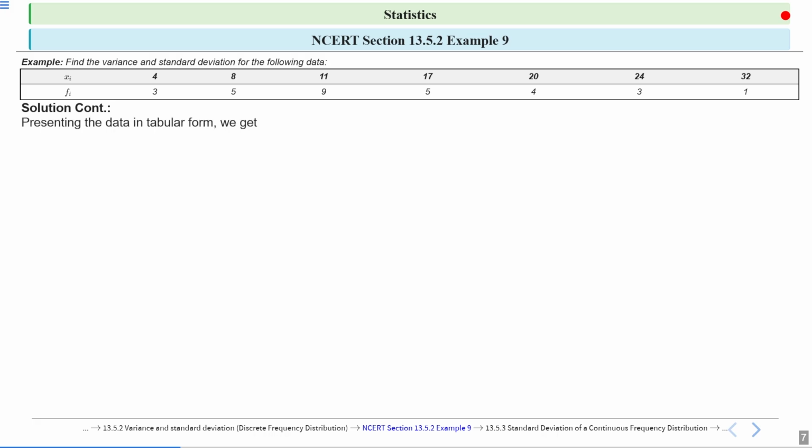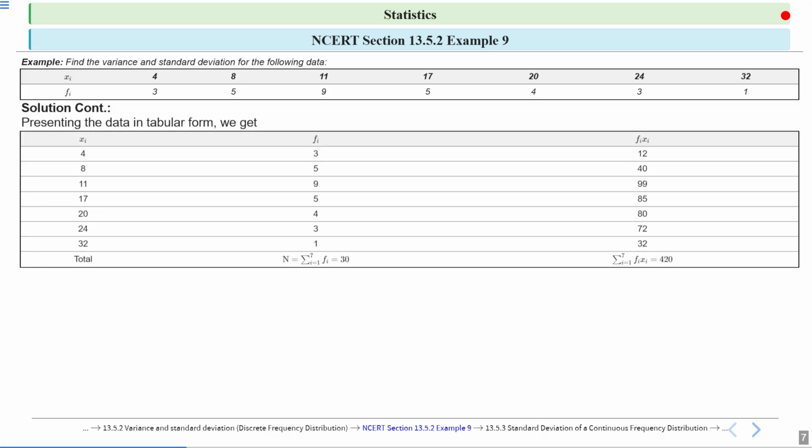So let's organize our data in a more useful way. We will create a table that includes xi, fi, and also fi times xi. Pay attention to this table and see the given data. In the first column we have the values of xi, in the second column we have the values of fi, and in the third column we calculated fi times xi.